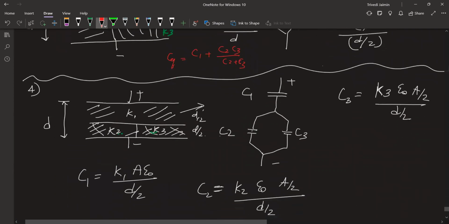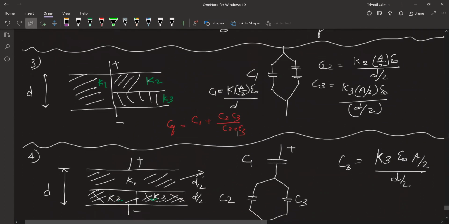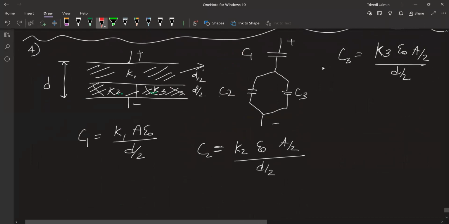I'm doing just direct solution, but you can solve it properly, 1 by C1 plus 1 by C2 and so on. For the fourth, 1 by C equivalent, they are in series, so 1 by C1 plus 1 by C2 plus C3.